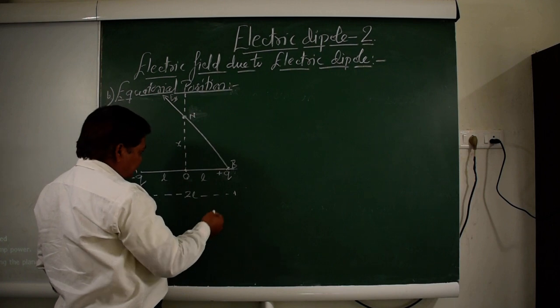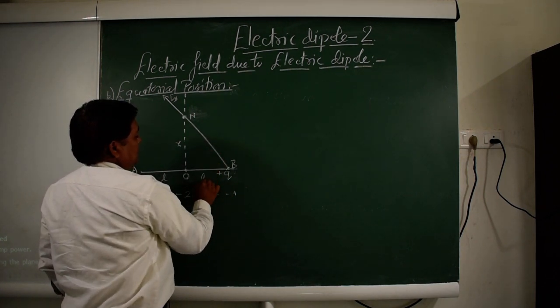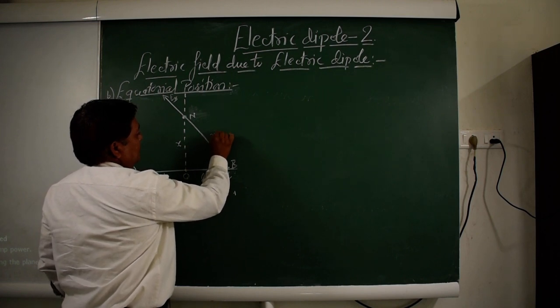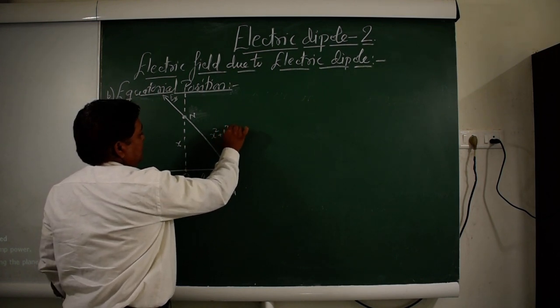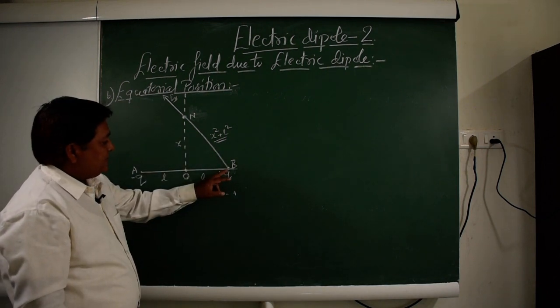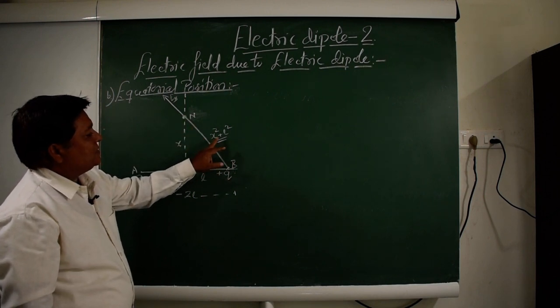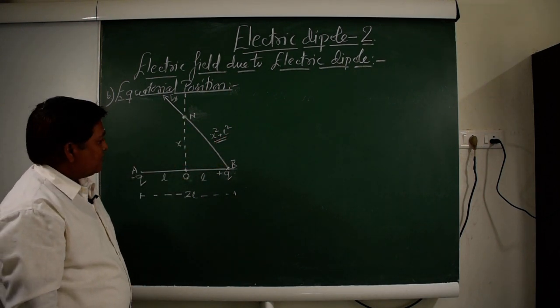So it will become the square root of x square plus L square. Means the distance of the plus q charge from N will be the square root of x square plus L square.